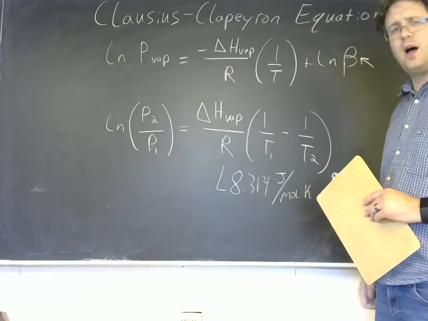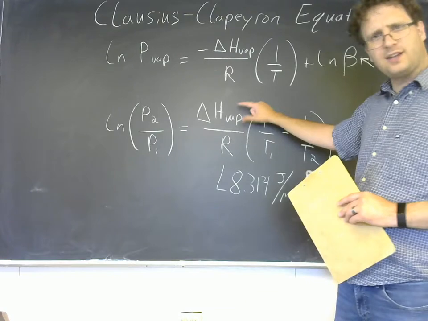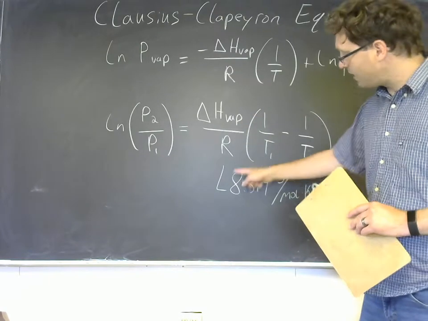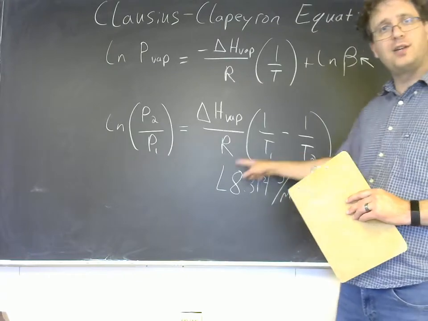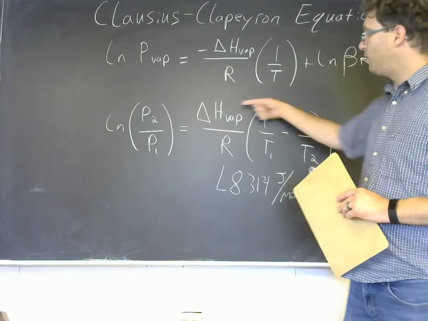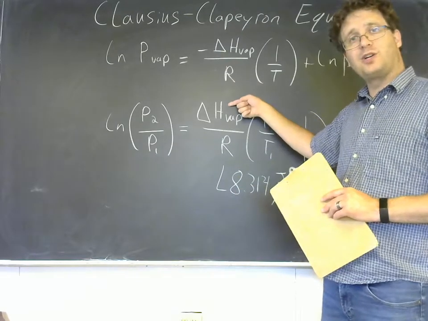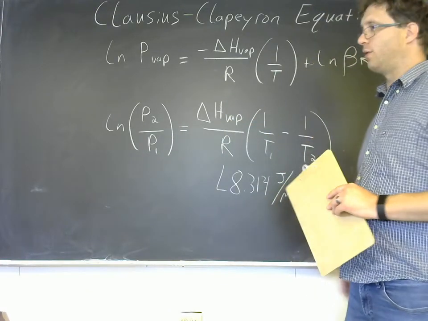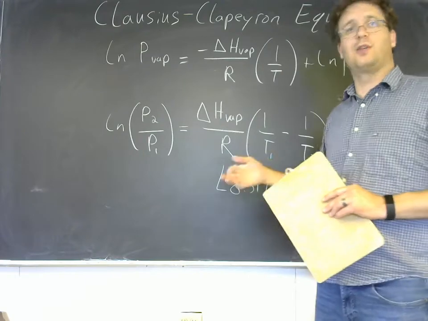And so just make sure you resolve that inconsistency one way or the other. The way I'll do it is I'll use 8.314 because that's a number that we're familiar with. That will give me an enthalpy of vaporization in joules, and then at the very end I'll divide it by 1,000 in order to get it into the conventional kilojoules per mole.